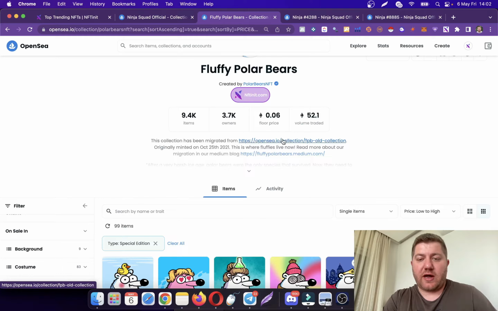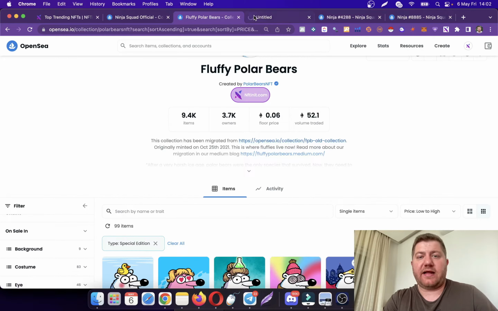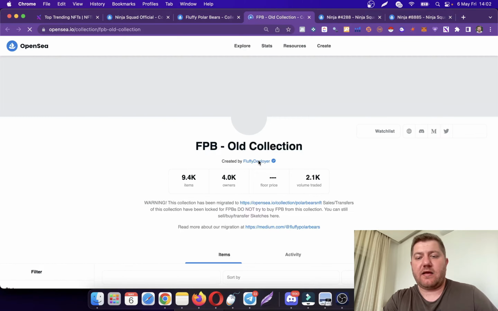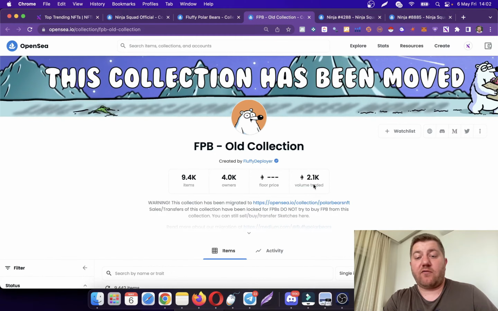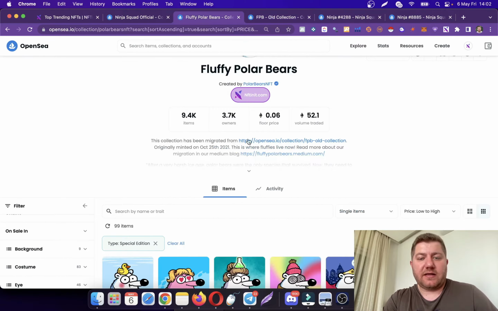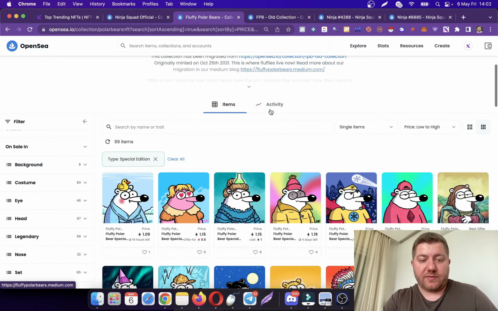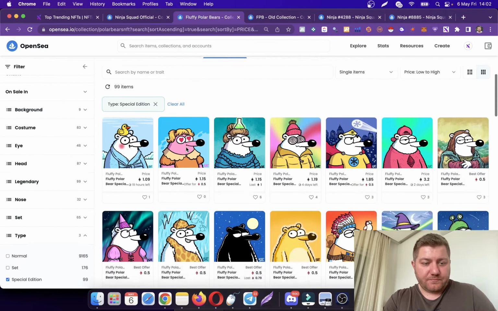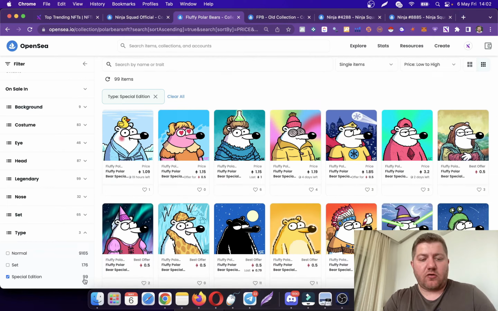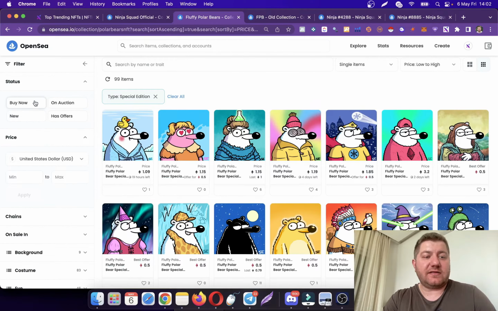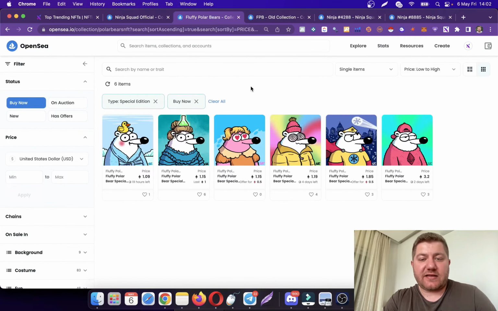They actually are quite a big collection and they have a lot of volume, over 2,000 Ethereum volume, but then they migrated and it is now showing the volume after the migration. Okay, so the special edition consists of only 99 NFTs, and let's see which ones are being listed right now.